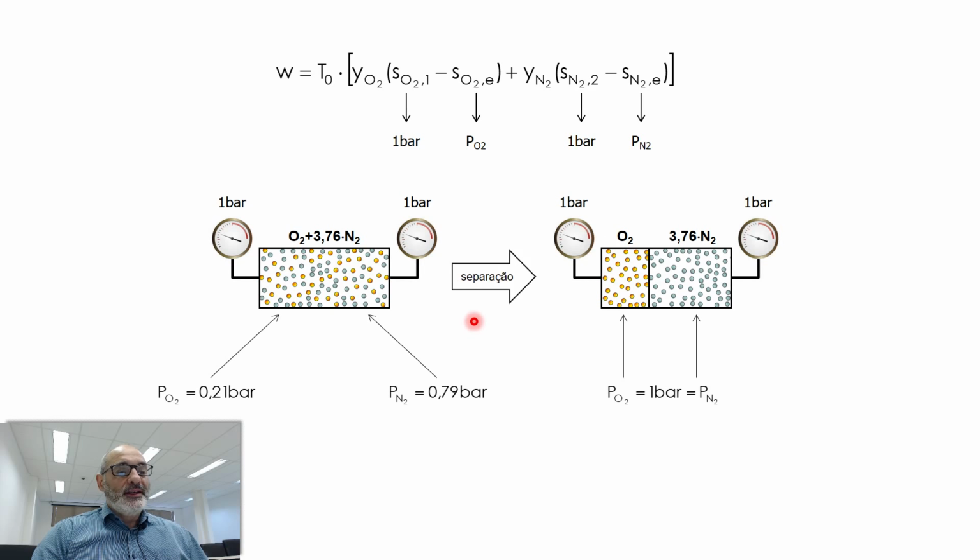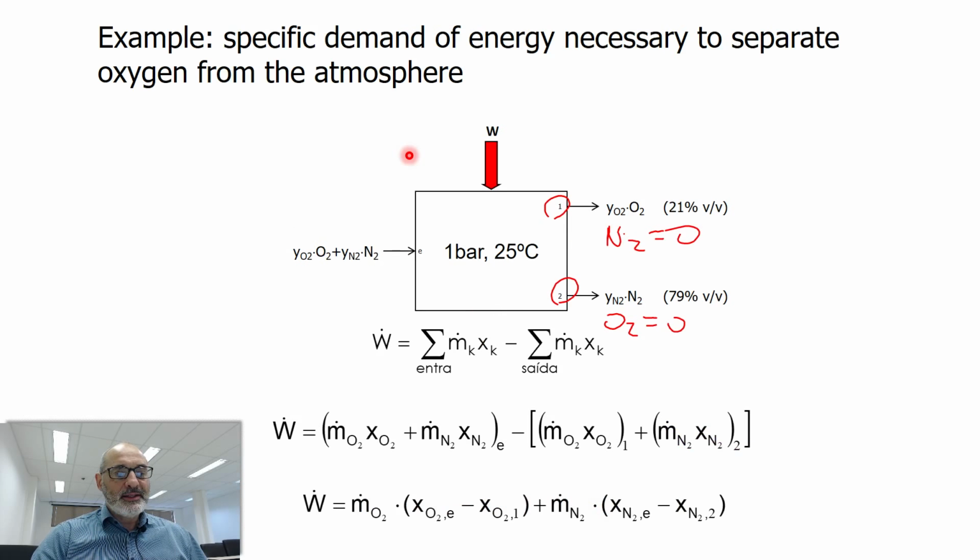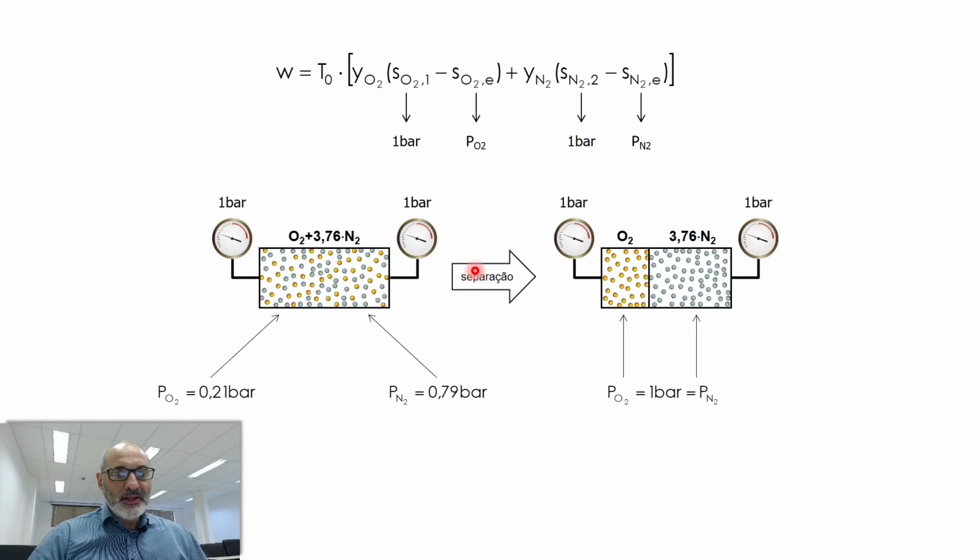When we separate, what's happening? I'm going back 2 slides. The total pressure is going to remain constant, okay? So when we separate, we still have 1 bar, but now I have O2 separated from N2, and for O2 the temperature is the same, but the pressure is not the same. The pressure submitted to O2 is now 1 bar, okay, because it's separated from N2.